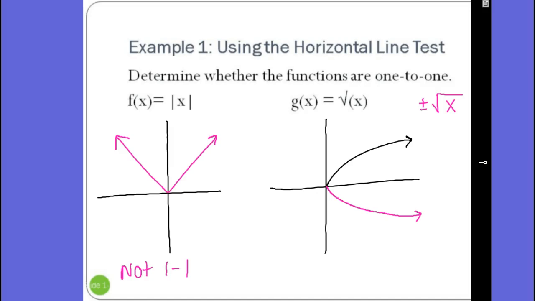There you go. So sometimes it can pass the horizontal line test, but remember, in order to be a one-to-one function, it has to first pass the vertical line test. So the example given is just to show you that, okay, yes, we could look at something like this, but it fails to even make it to being one-to-one because it's not a function.